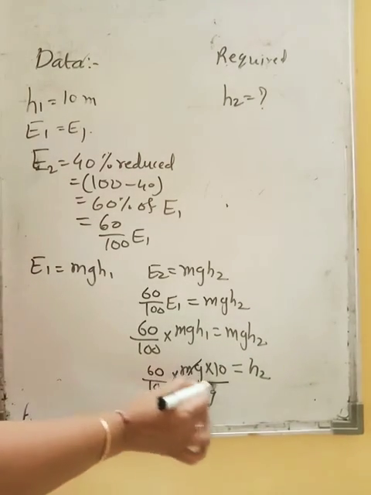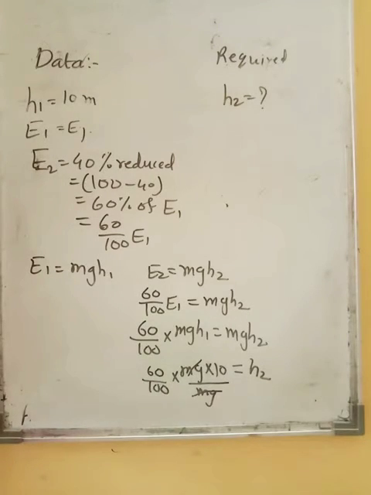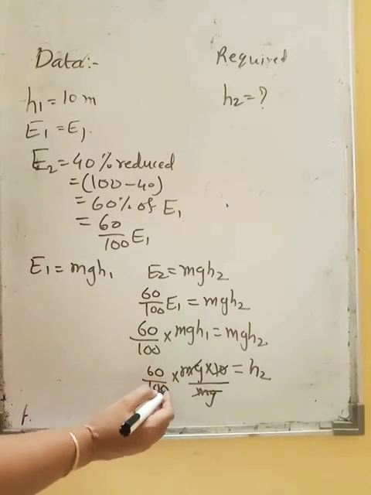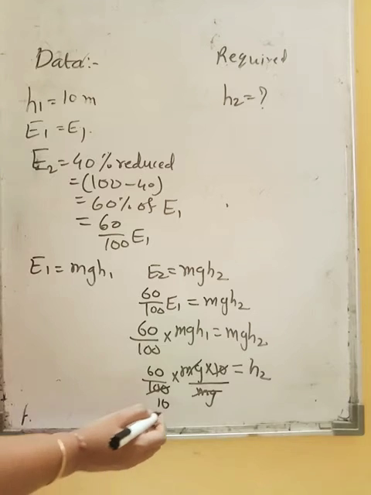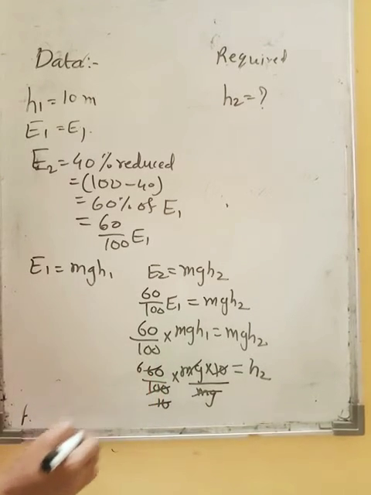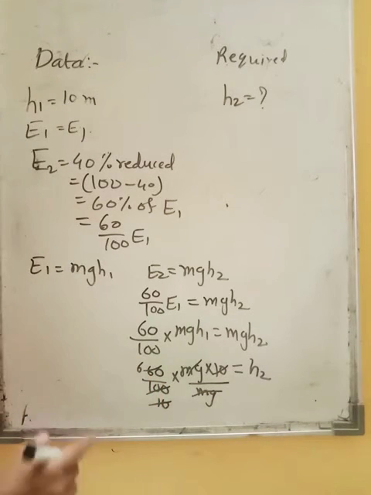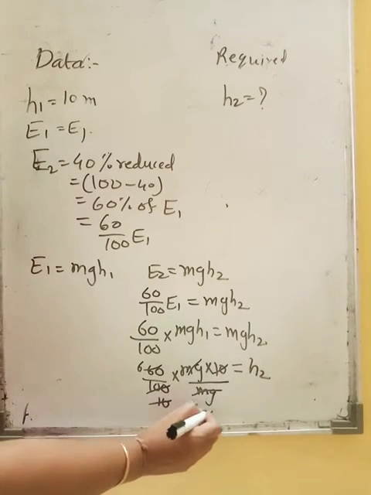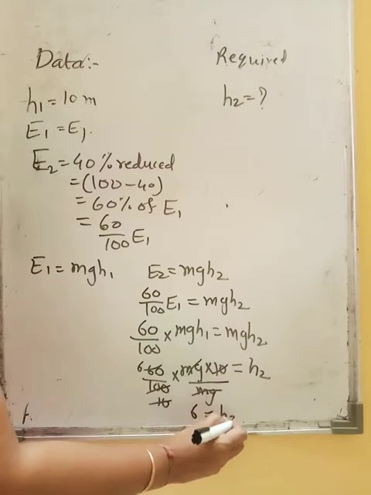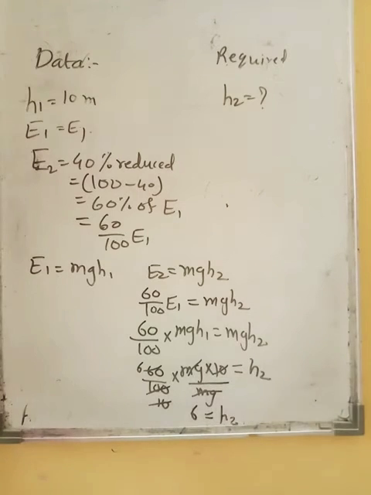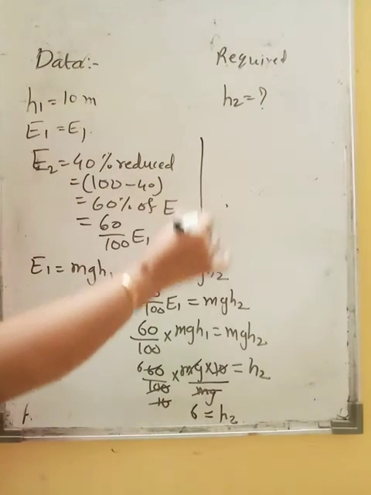Now this mg and this mg will get cancelled. 10 10s are 10, 6s are 6. So what are you left with? 6 is equal to h2. So what will you write? The ball will rebound to a height of 6 meters. You can just write down the answer.